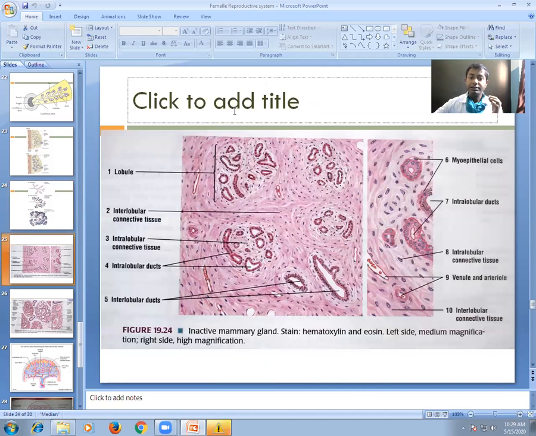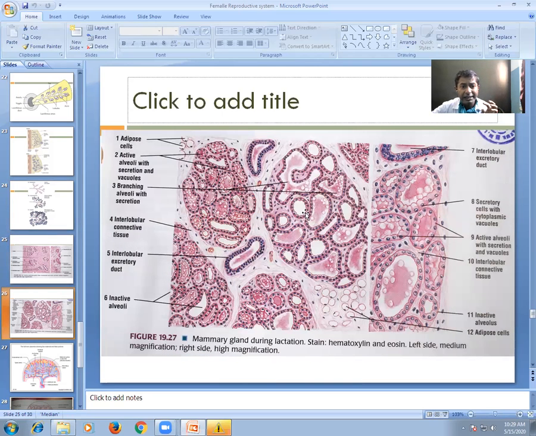Now the structure. Inactive mammary gland में क्या रहता है? There are two parts histologically in any mammary gland, active as well as inactive. One is the gland and the second one is the connective tissue. Inactive mammary gland: less glands, more connective tissue. So that is the structure of inactive mammary gland.